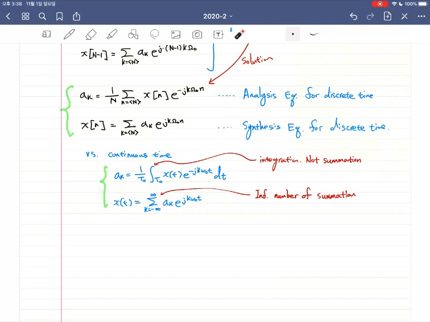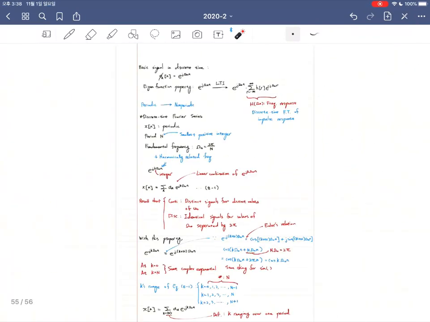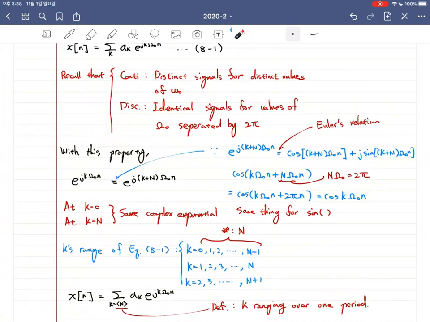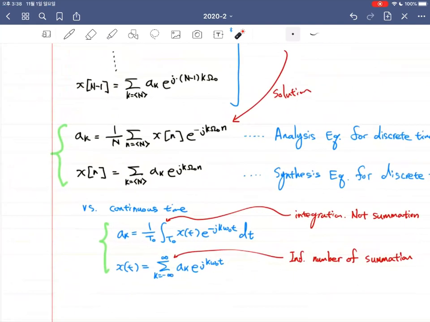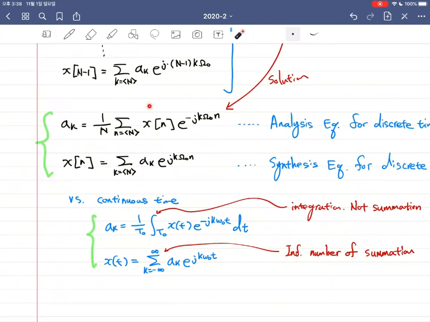As I have pointed out just before, you have the same value when k is 0 and k is large N. Also, you will have the same value for k being 1 and N plus 1. So it's periodic. If you carefully examine this analysis equation, you will find out that this a_k is also periodic for the discrete time.